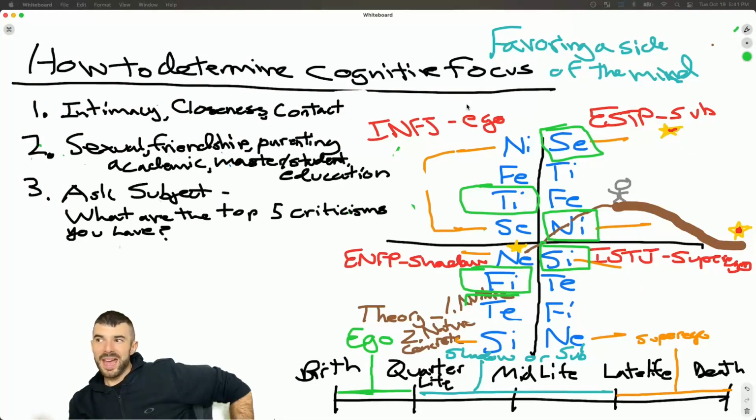And you don't even have to ask the other third party, the other person, with the subject what their top 5 criticisms are or do the exercise with them. You don't even have to. Because people's perceived judgments that other people have of them really reveal chinks in the armor. It reveals cracks.